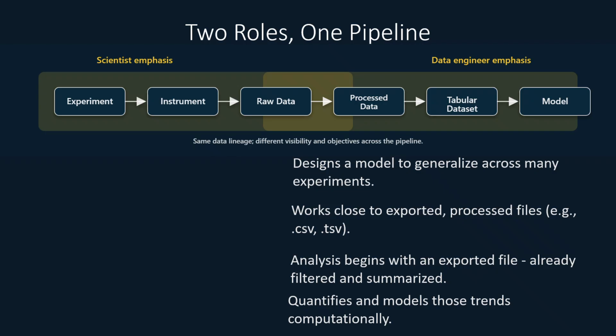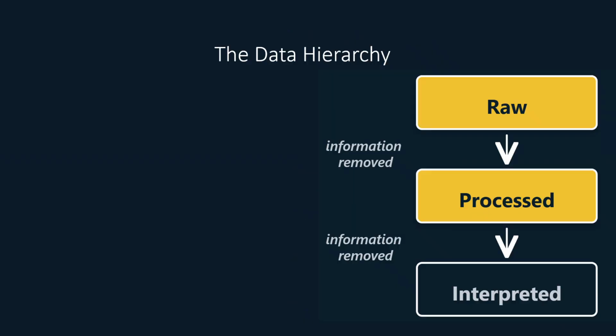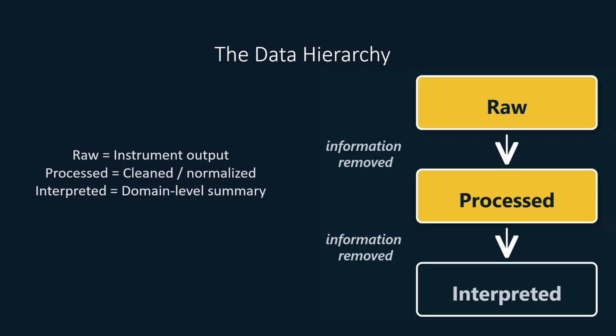Now let's see a typical data hierarchy. It helps to think about biological data as a hierarchy. At the bottom is raw data.